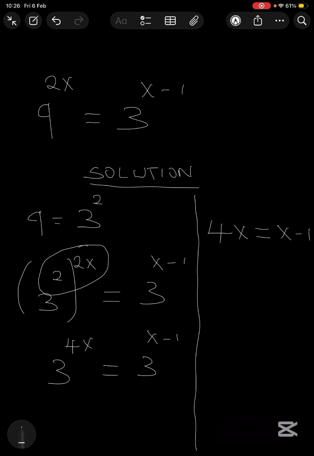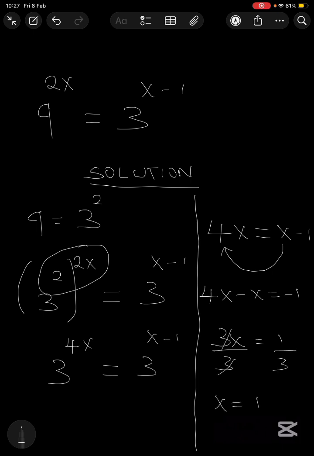Can you find the value of x? We take this x to the other side. It becomes minus. So it is 4x minus x is equals to -1. Next, 4x minus x is 3x is equals to -1. Make x the subject. Divide by 3, divide by 3. So as you can see, the value of x is negative 1 over 3.